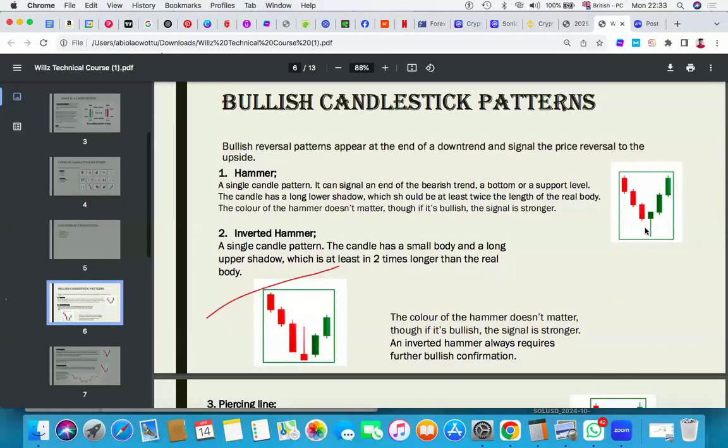In this scenario, this is identified after a down move, and you see a hammer here. It's identifying for you a bullish move. But if you now see the hammer as a bearish candle after the down move, it identifies to you there is a possible uptrend, but it's not that strong. I don't know if I was able to answer your question.